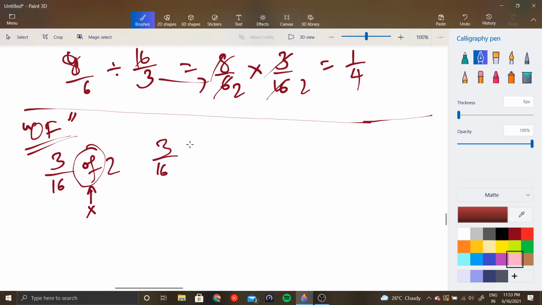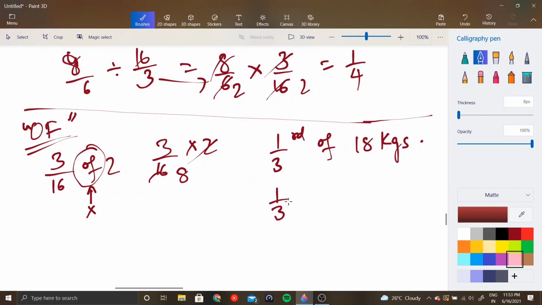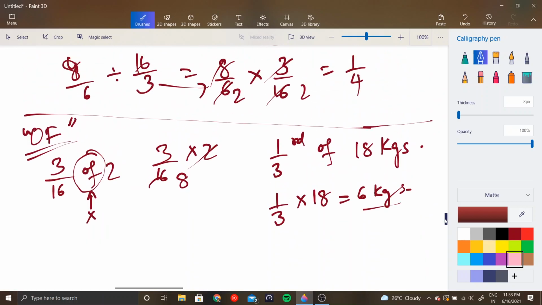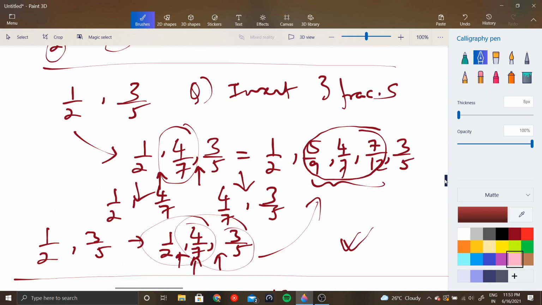So 3 by 16 into 2, that is basically 3 by 8, right? If they tell you 1/3 of 18 kgs, what do you do? You have 1 by 3 into 18, right? So 6 kgs, correct? So this is the concept of "of", right?